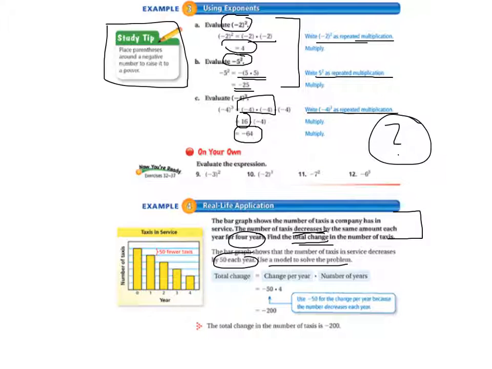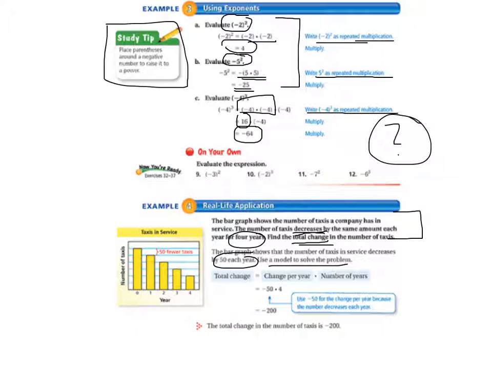So our model is that the total change, which is what we're asked for, equals the change per year times the number of years. So since it's decreasing, we use a negative number, and it's decreasing by 50 each year, and we're looking at 4 years.